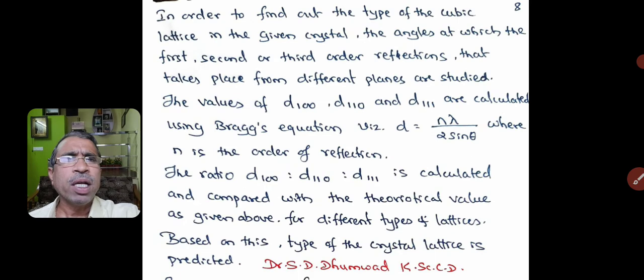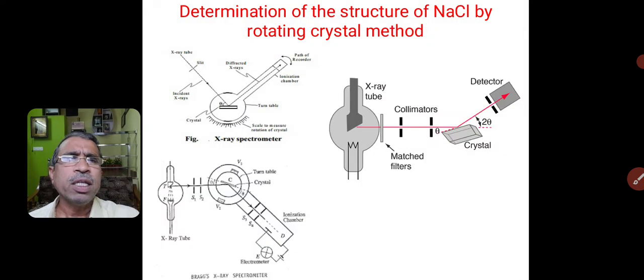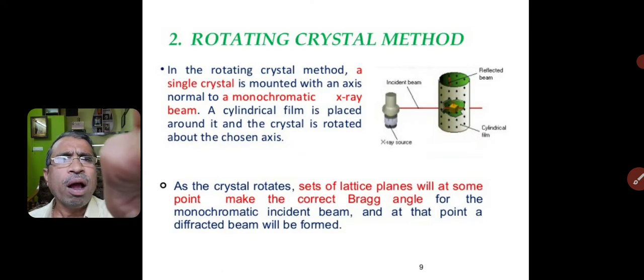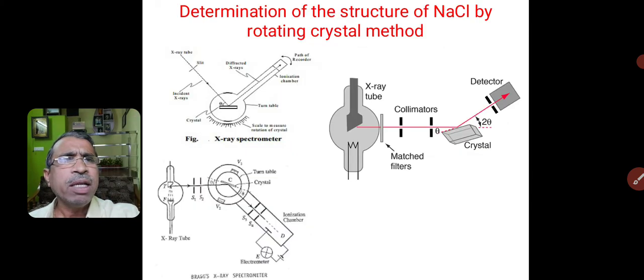Here the X-rays are passed and the crystal gives a deflection at 2 theta, and this angle is theta, and that is detected in the detector.